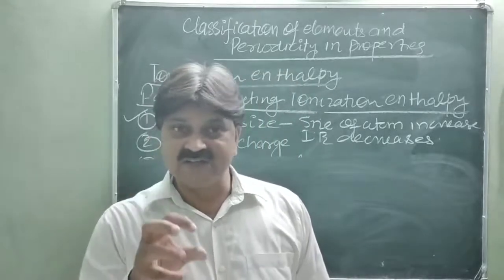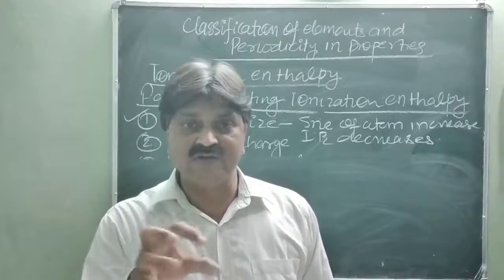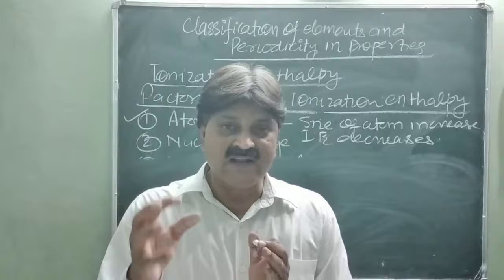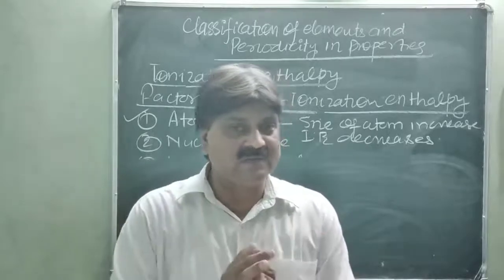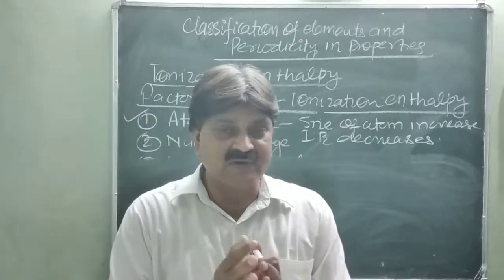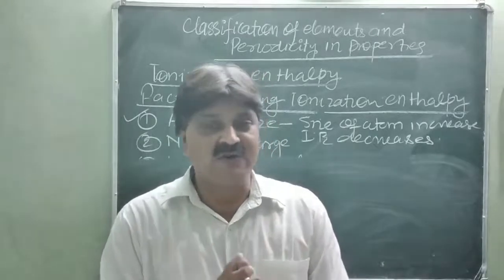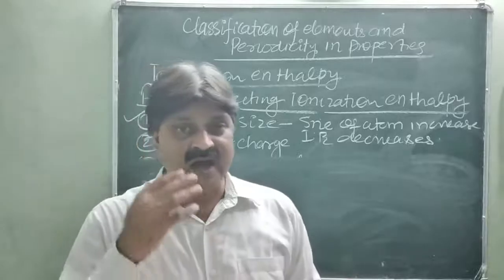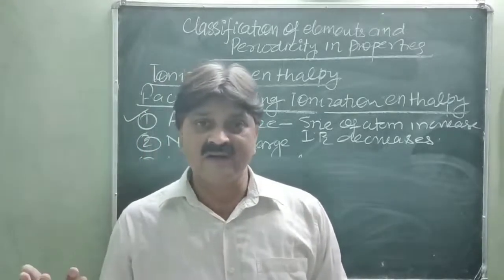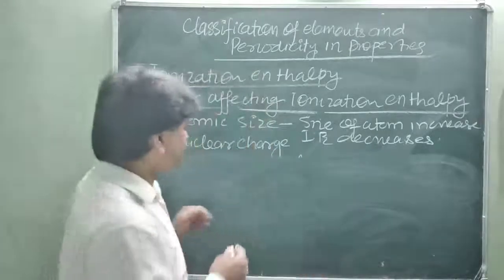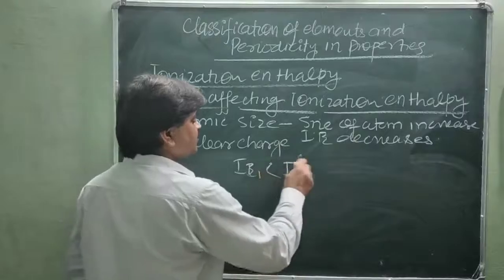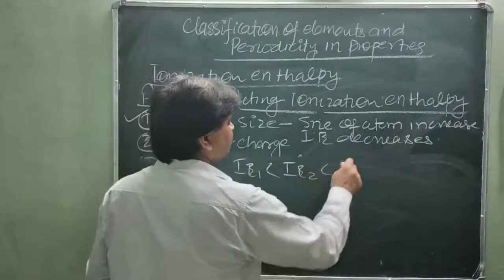So increased nuclear charge means more attractive force acting on the electron. The more positively charged nucleus attracts fewer electrons toward itself. So what will happen? The higher the attractive force from the nuclear charge on the nucleus, the more energy is required to pull the electron from the outermost shell. This is the reason the first ionisation enthalpy E1 is less than E2, which is less than E3.